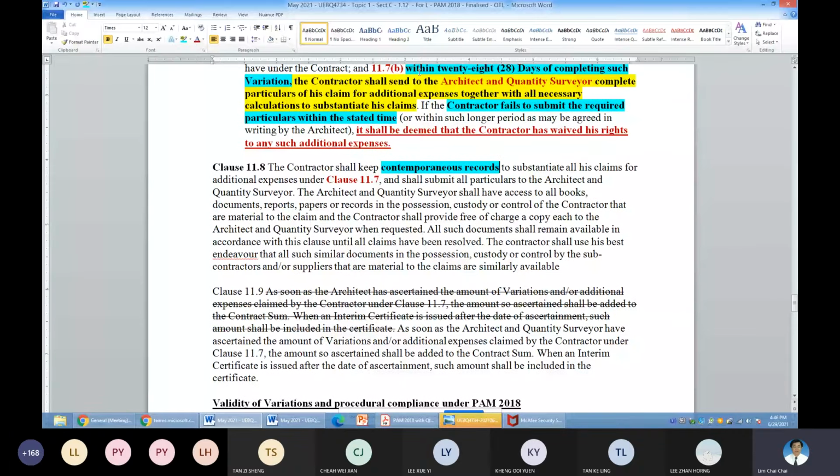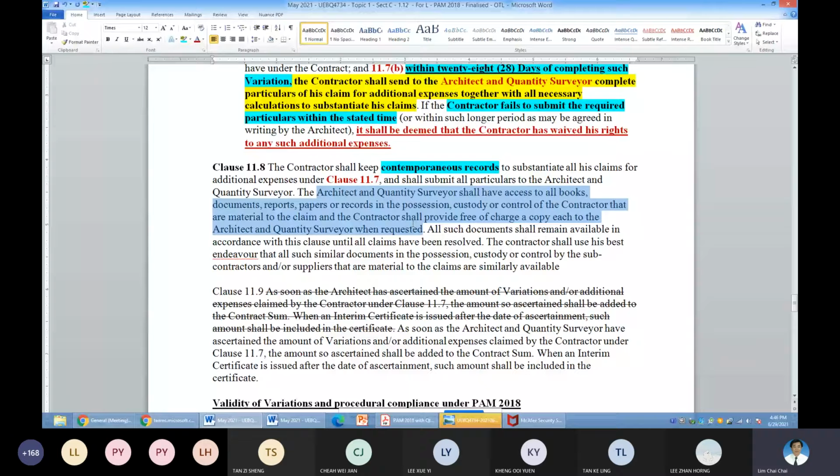Okay, so this is something on record keeping, so that you can give it to the architect and the QS for evaluation, checking, and so on. And if they ask for additional copy, you have to give it to the architect and the QS on the contemporaneous record.